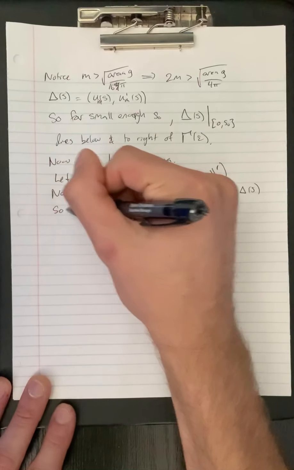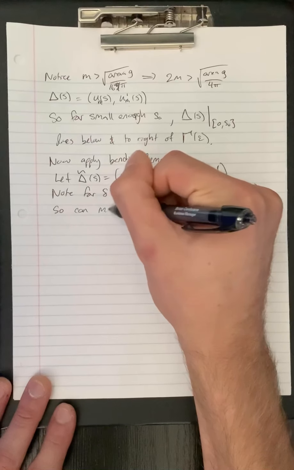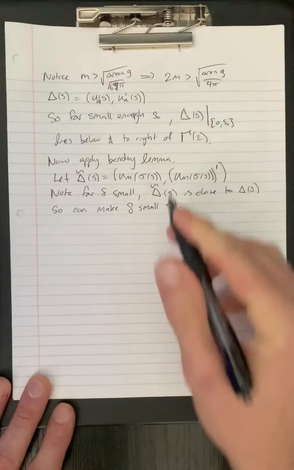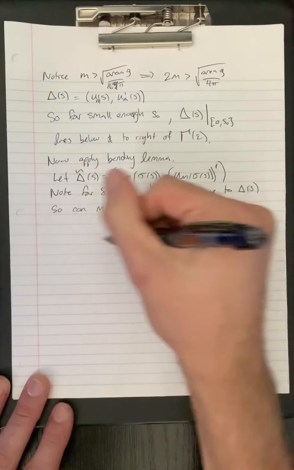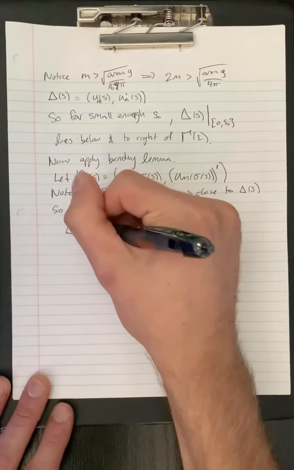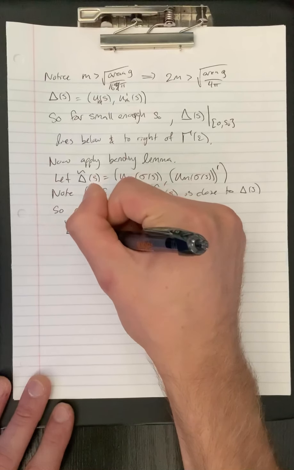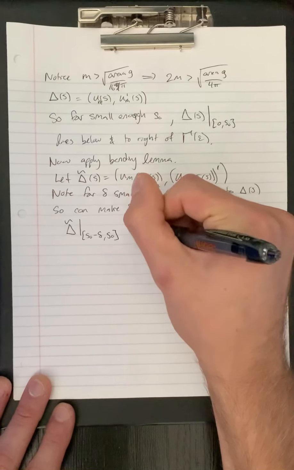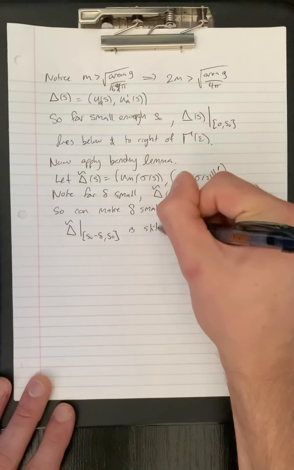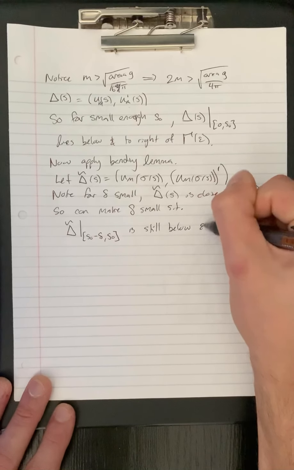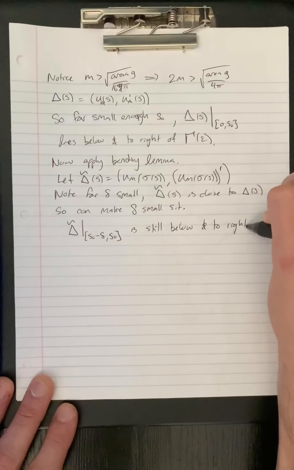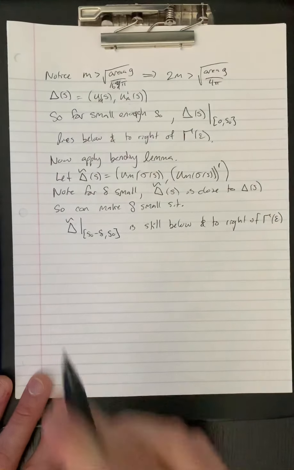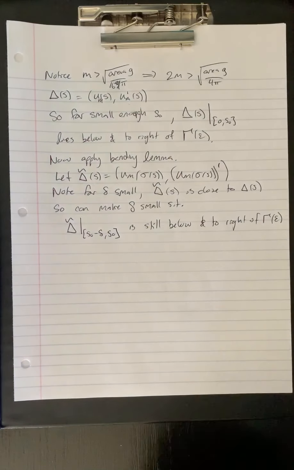So we can make delta small enough such that this modified delta tilde restricted to S0 minus delta to S0 is still below and to the right of gamma epsilon, while staying in the first quadrant, and that's of course important.